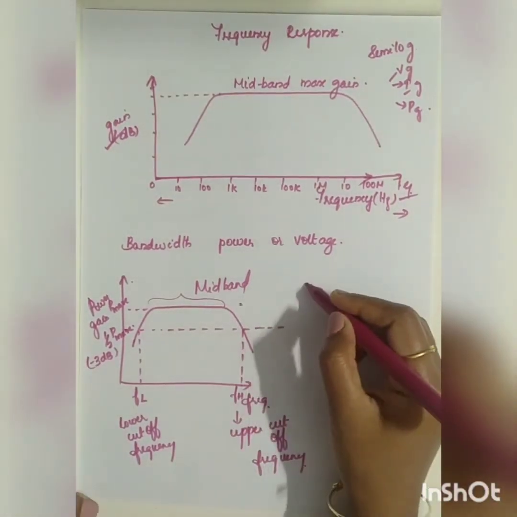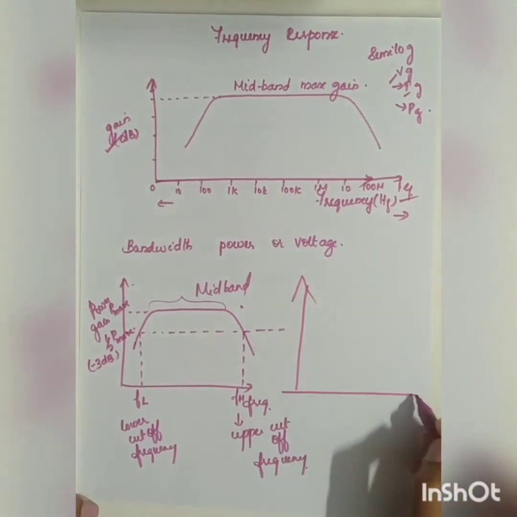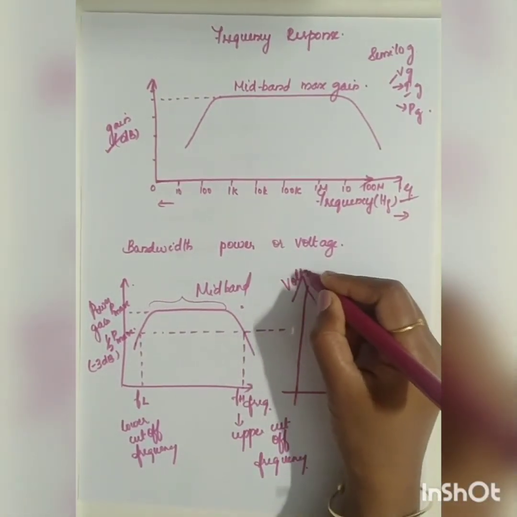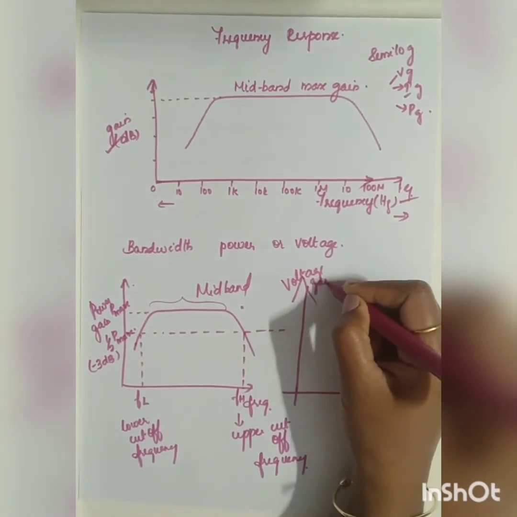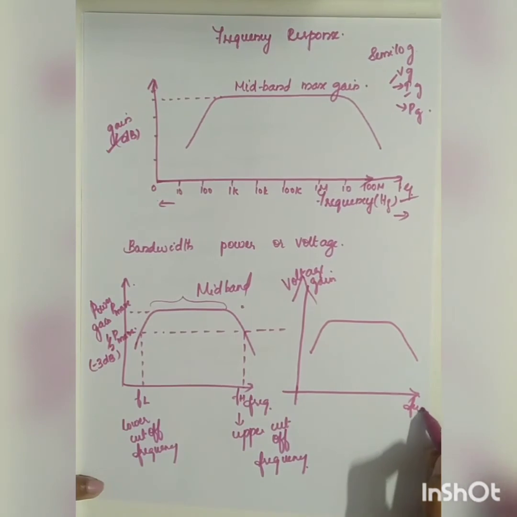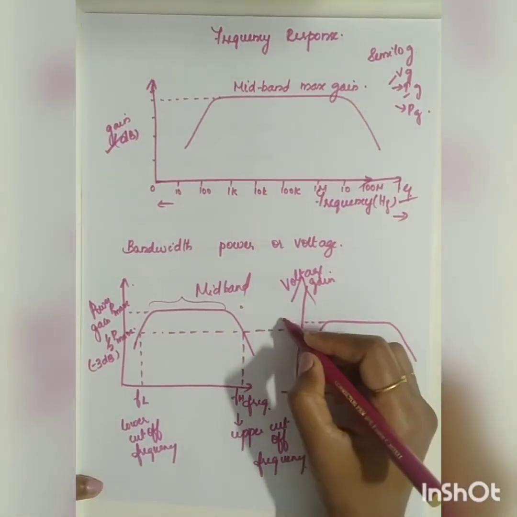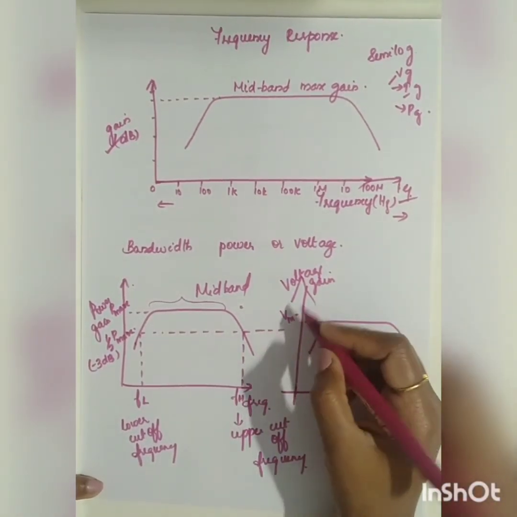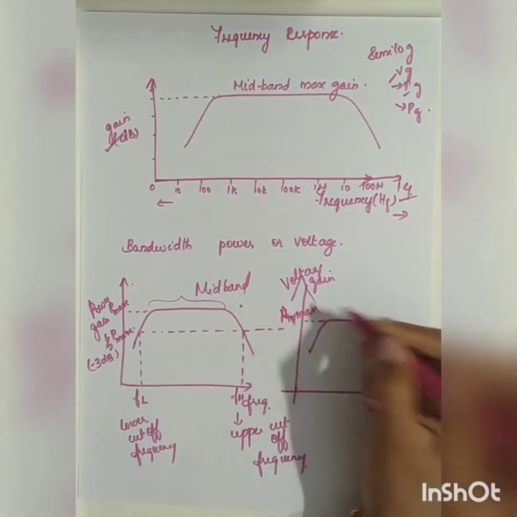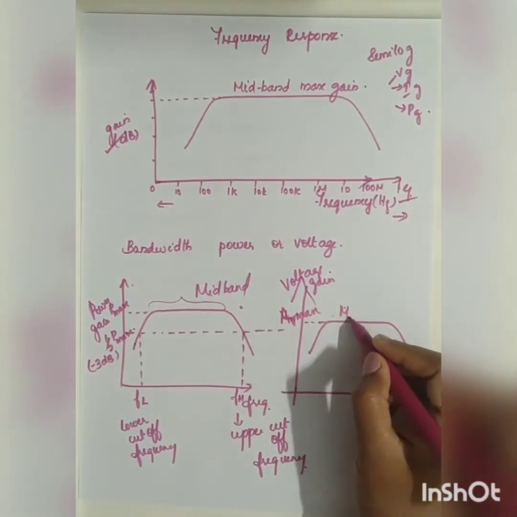Similarly, if I draw the frequency response of voltage gain, if I take this as voltage gain, then this is your curve, this is your frequency. Now this will be the maximum voltage gain. Let me take it as AV max. This will be the mid band.